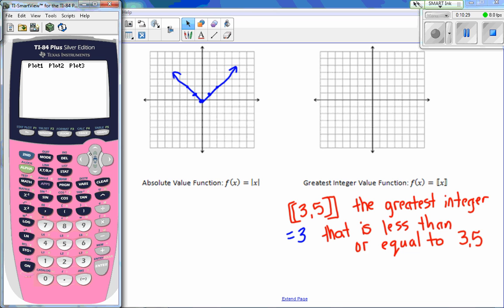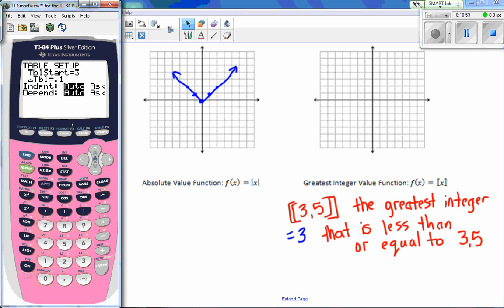So I'm going to type into this the function. I'm going to go math, number, and choose number 5. And I want to put an x here, so it's going to plug in values for me. Before I look at the graph, I'm going to set up a table. Let's start the table at 3 and go in increments of 0.1 if you want to try this.